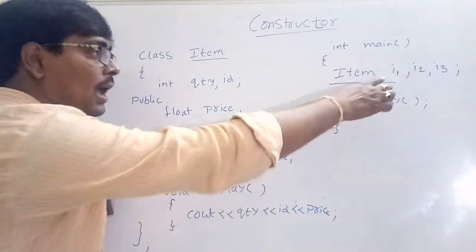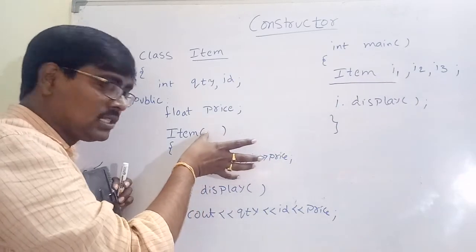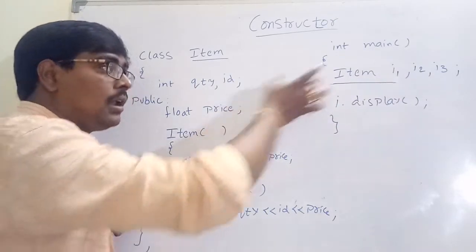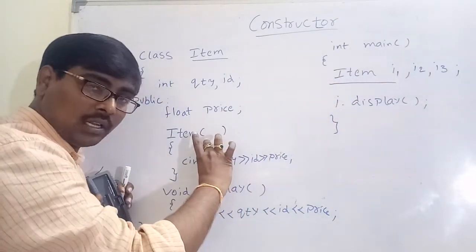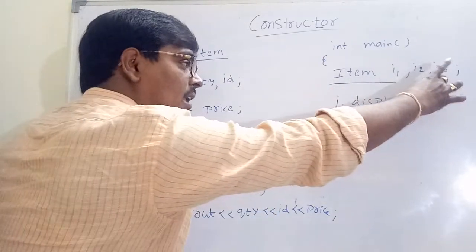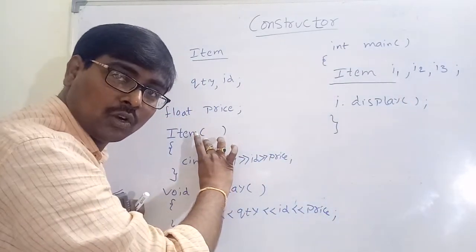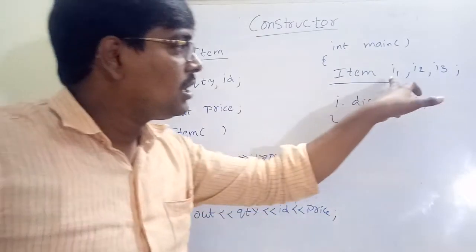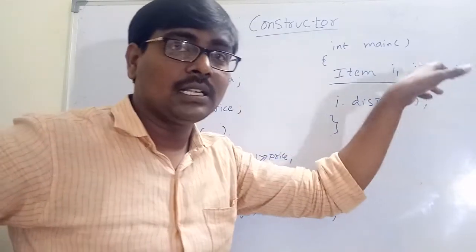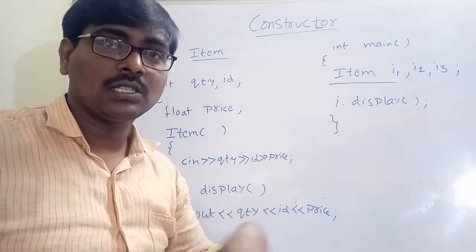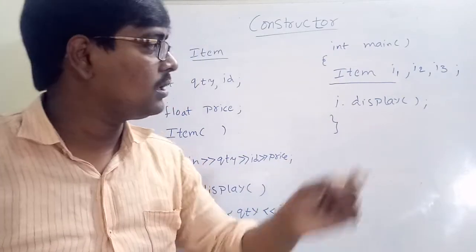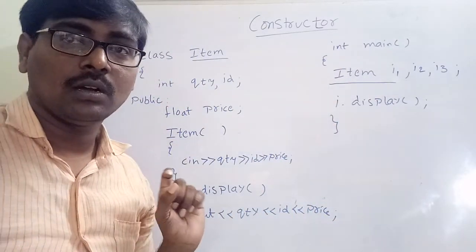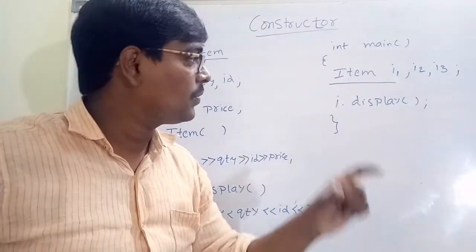So for I1, the constructor is called automatically. Now I2, the constructor is called automatically. I3, the constructor is called automatically. In the same order we write the objects, the constructors are also called. This is the constructor.